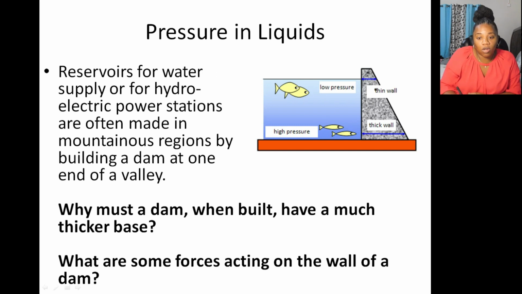Because if the wall is not thick down here, could you imagine what's going to happen? A thin, normal size wall running from top to bottom, where pressure increases gradually as you go down. This pressure is going to push on this wall, and it's going to cause the wall to buckle, and it will cause a flood.